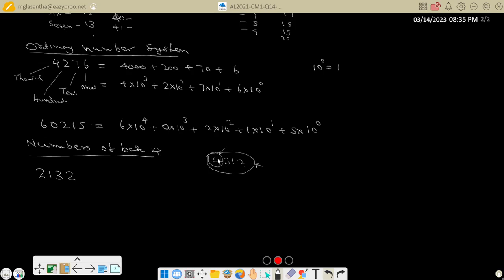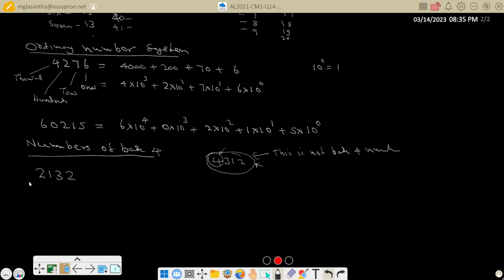The 4 shouldn't be there. So this is not a base 4 number.